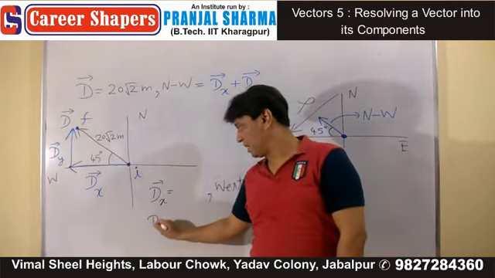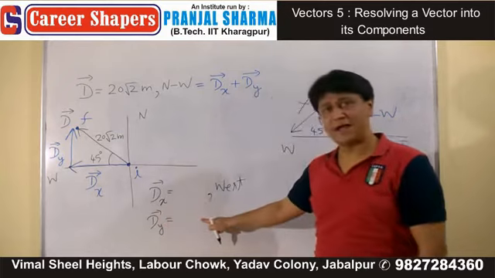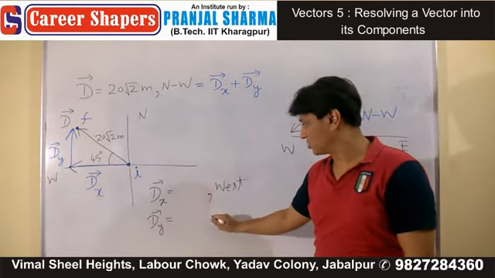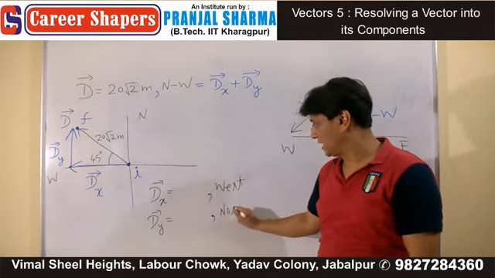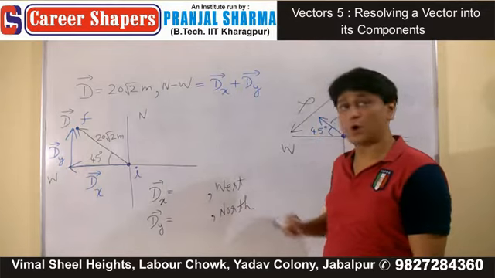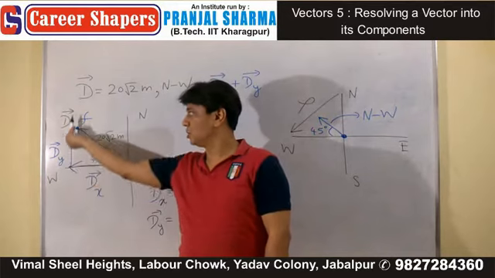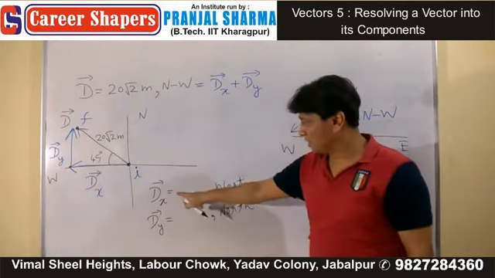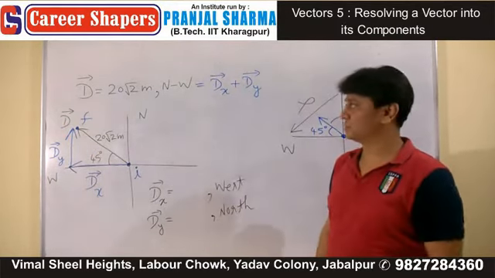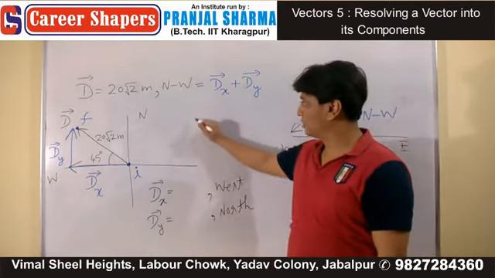Similarly, dy has some magnitude and direction. Direction, everybody can see, is north. West, north. We only need magnitudes. What do you mean by magnitudes?